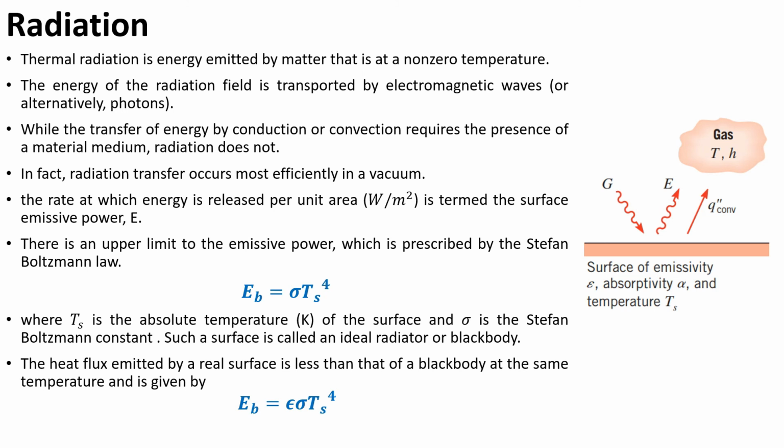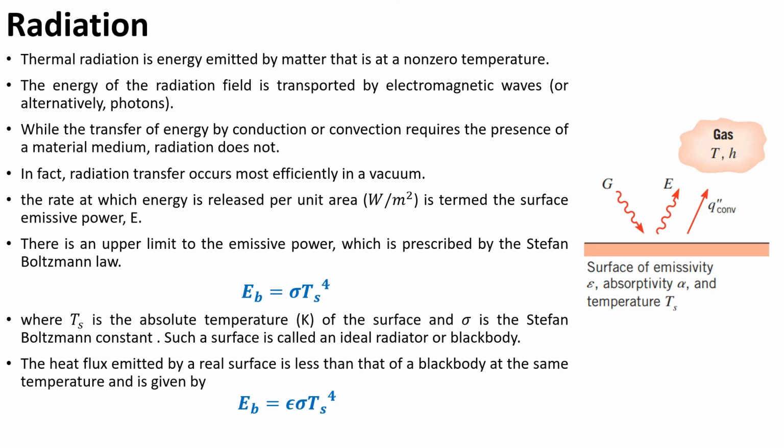That's why thermal radiation, or simply radiation, is the heat transfer mode that occurs without the requirement of material medium. The heat we receive from sun on earth is due to radiation.